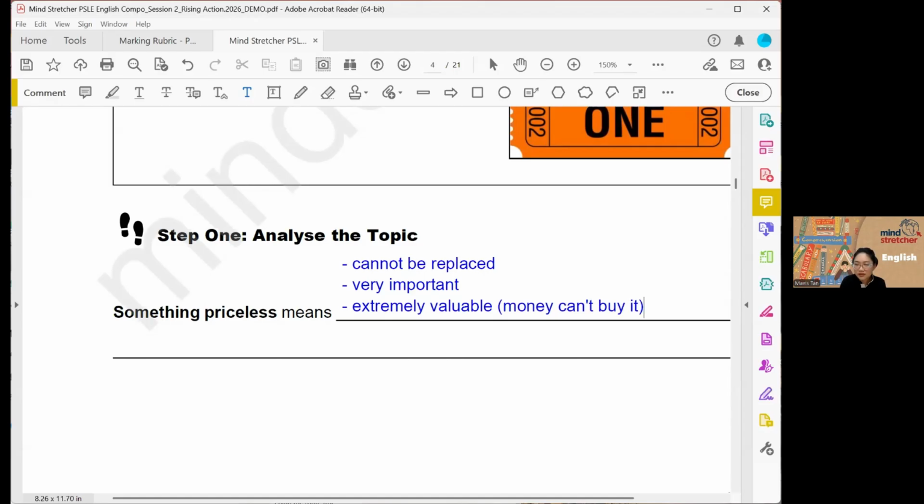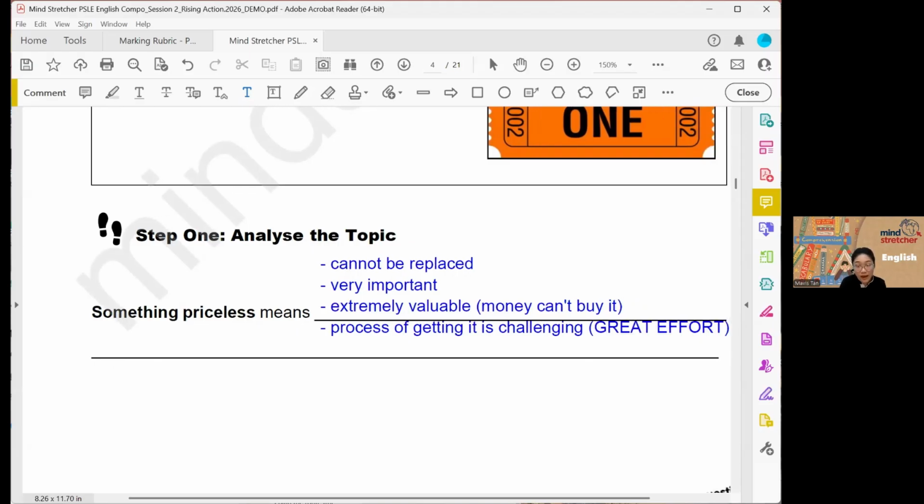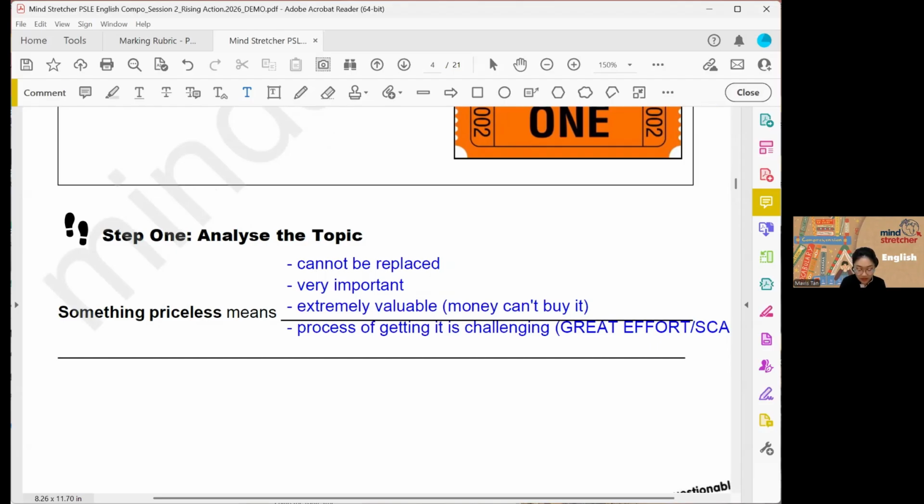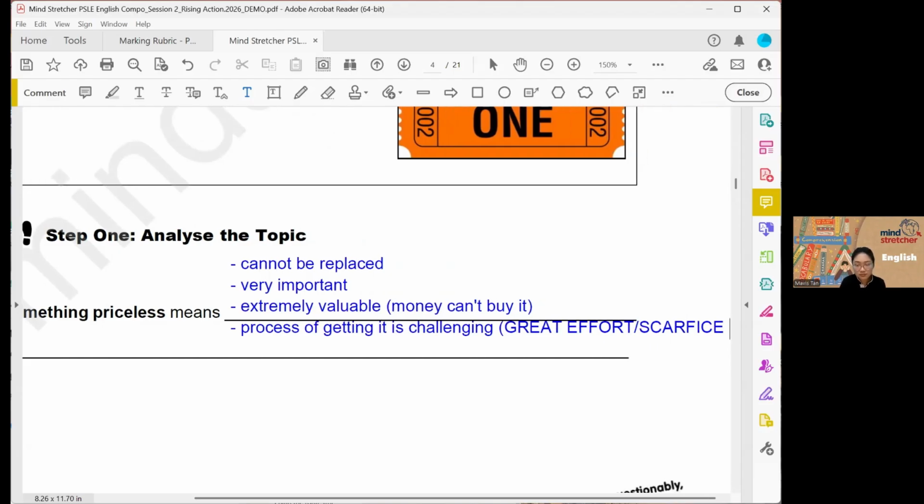Something that is priceless could also be associated with the process of getting it. So the process of getting it is challenging. It's not so easy. So there's great effort required, or sometimes sacrifice possible.